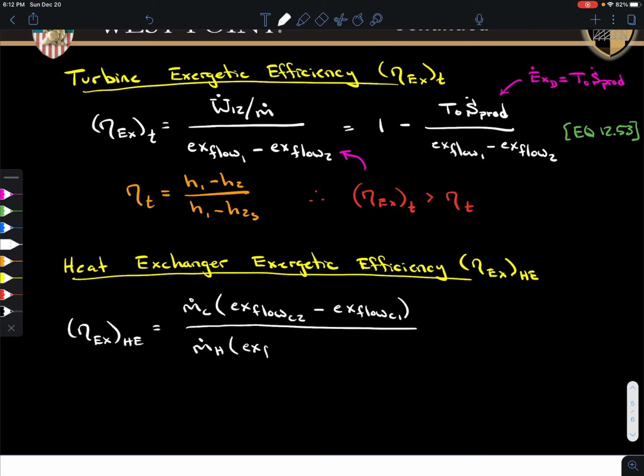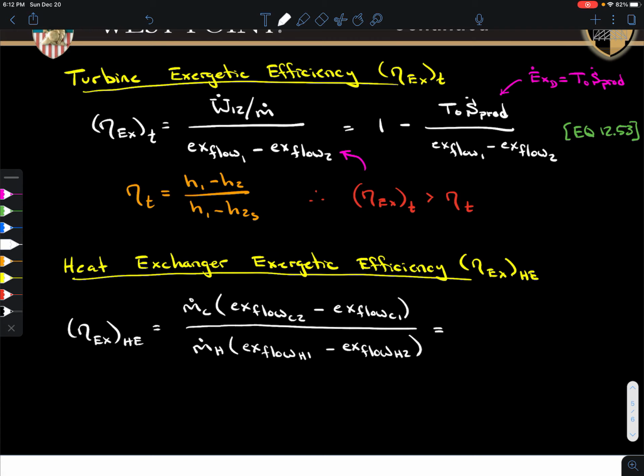And we have again a similar difference in our exergy flow, except take note that the directionality of these, whether it's 2 minus 1, 1 minus 2, depends upon basically how the heat exchanger is set up. If you have a cross-flow heat exchanger or a counter-flow heat exchanger, just make sure you recognize which one is the inlet and which one is the exit when I'm talking about these 1s and these 2s.